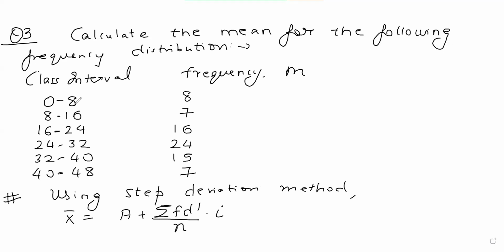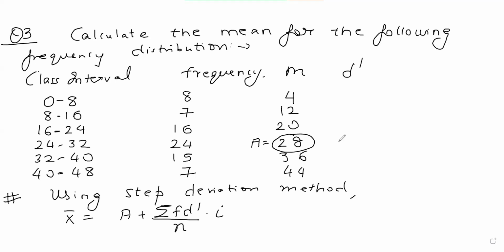So 0 to 8, the midpoint is 4. 8 to 16, it is 12. Then the midpoint is 20. Then it's 28. Then it's 36. And then it is 44. Let me assume the mean as 28.